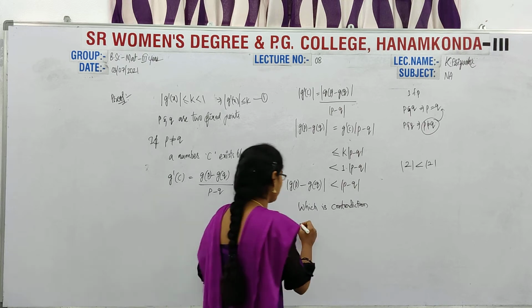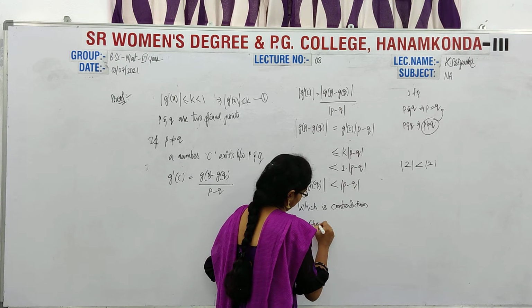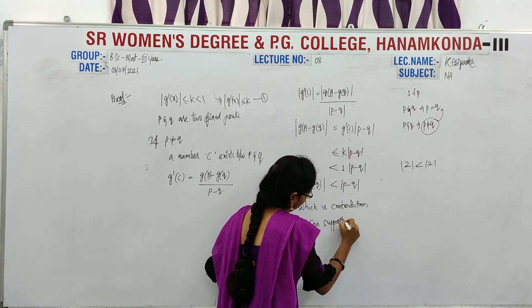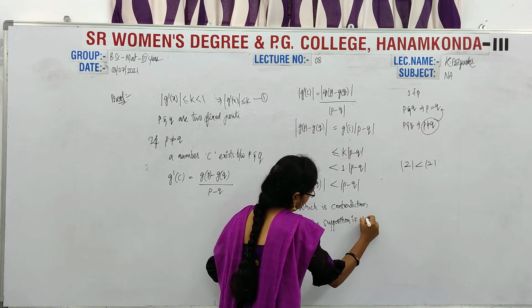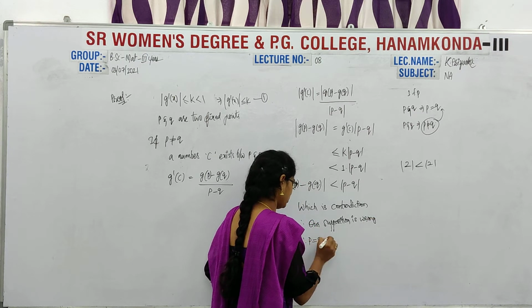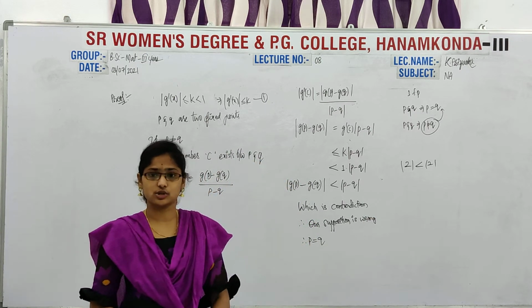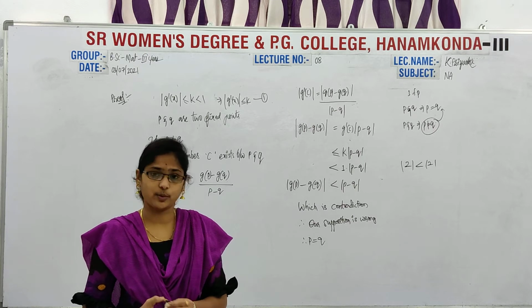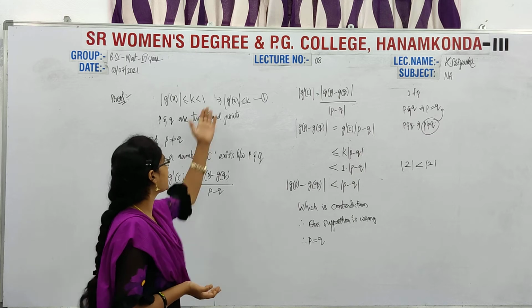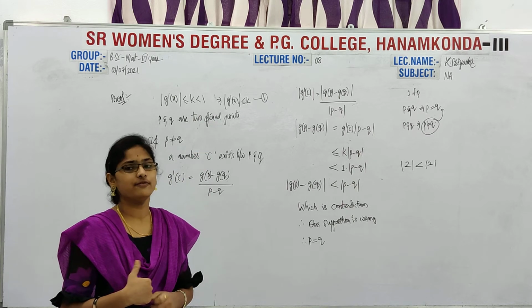Therefore, here what we have to write? Our supposition is wrong. Therefore, what is correct? Therefore, P is equal to Q. So, there exist two fixed points, and we have proved that both are equal. Therefore, we can say that by taking this condition, it has only one fixed point.